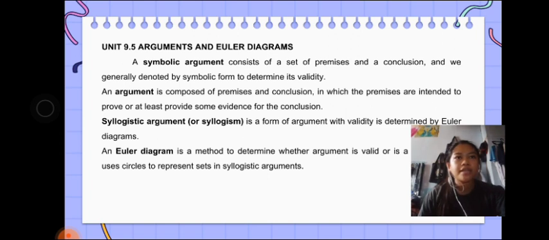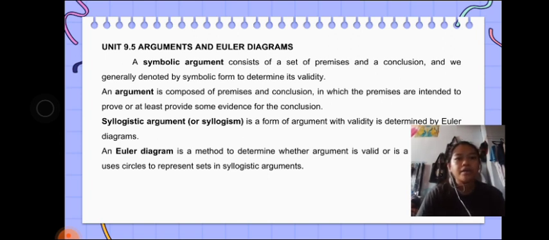We say that an argument is valid when its conclusion necessarily follows from a given set of premises, otherwise it is invalid or a fallacy, when it does not necessarily follow from the given set of premises. An argument is composed of premises and a conclusion in which the premises are intended to prove or at least provide some evidence for the conclusion.